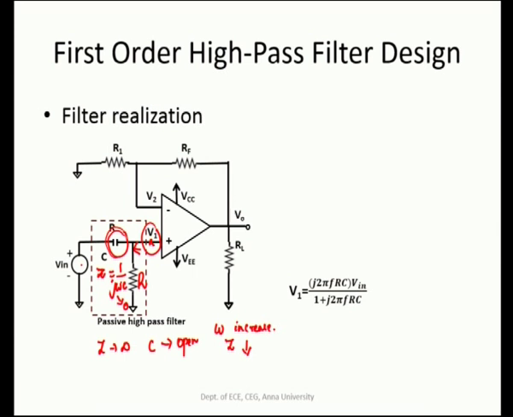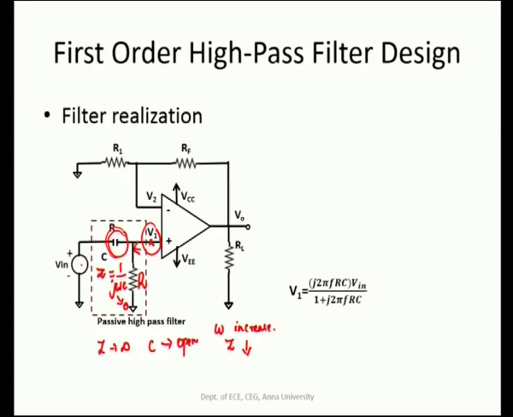Therefore, the resistance contributed by this capacitance will become smaller and smaller from the initial condition of infinite, and the voltage will now appear across R. That will be a potential division of V in across R. If you consider a finite impedance of Z in, the voltage across R will depend on V in now. So, this voltage will be amplified by the op amp here.